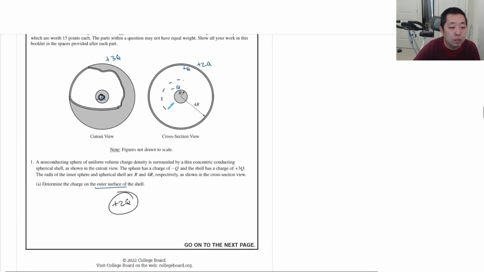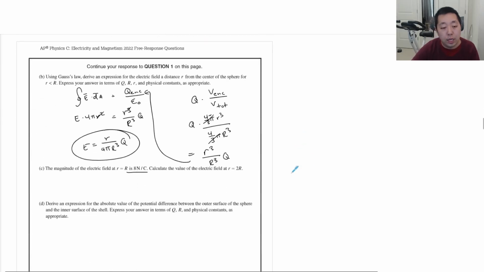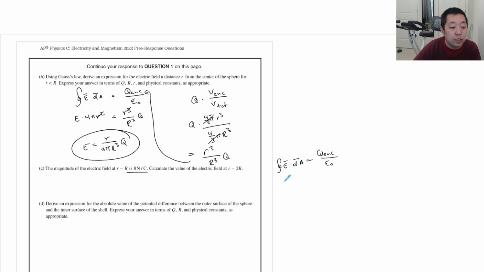So if I draw a Gaussian surface outside, I'm just enclosing the total charge Q, right? So using the same integral, E times 4 pi r squared equals Q enclosed, which is just Q over epsilon naught. So the electric field is just Q over 4 pi r squared epsilon naught. Now when r equals big R, what you should find is that this should be 8.